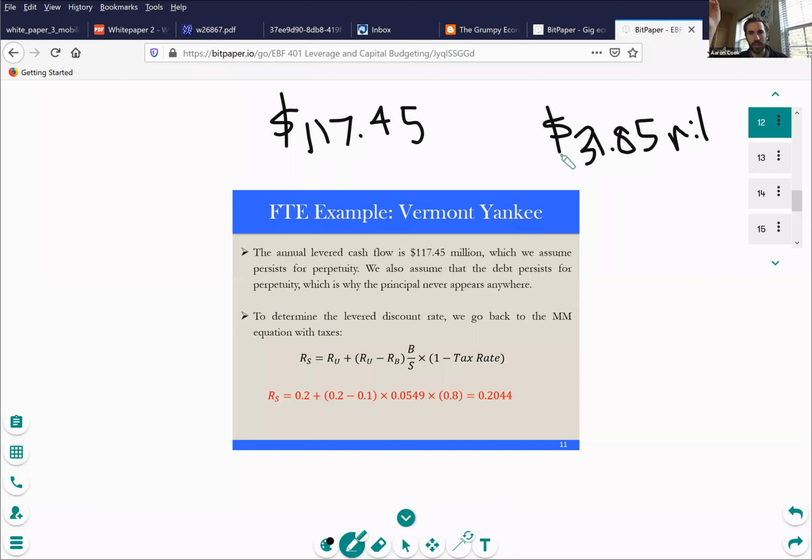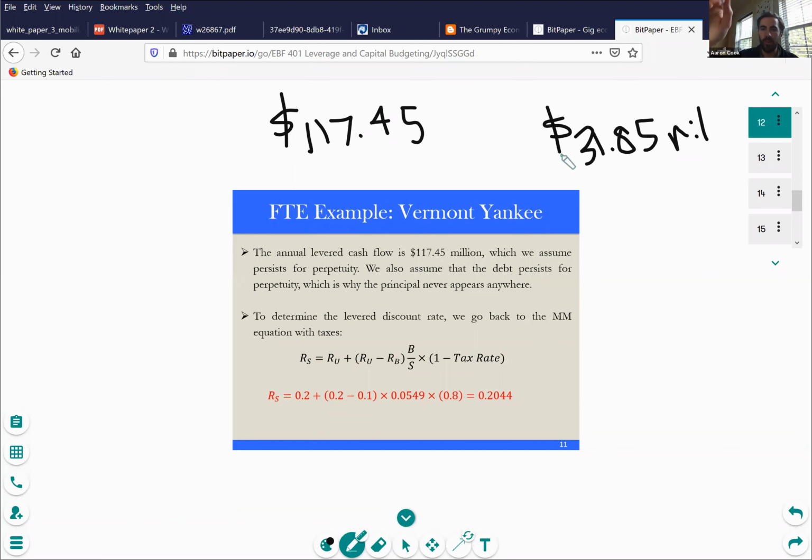And in this case, the project is operating in perpetuity. So you just maintain 31.85 million of debt on your books associated with this project. You never actually pay that back. You compensate your lenders by just paying them 10% interest every period.